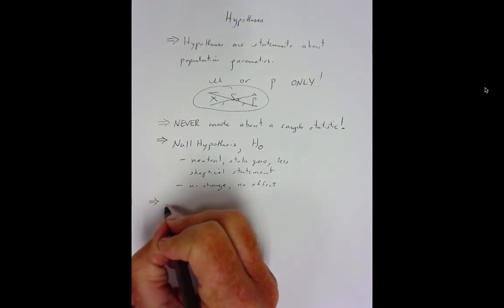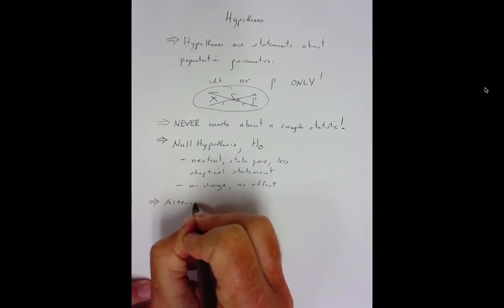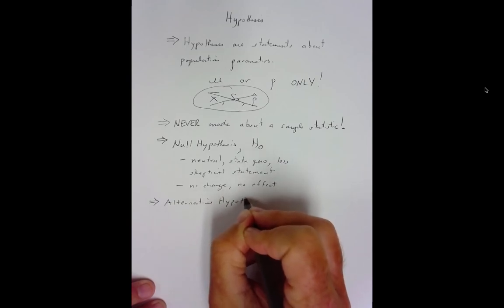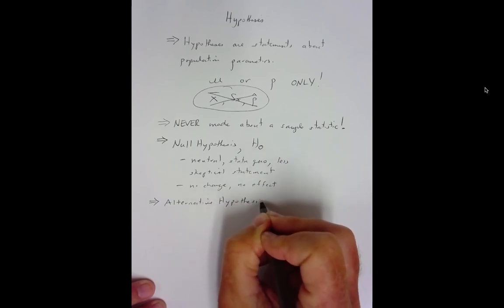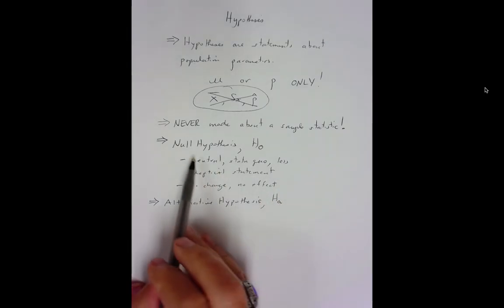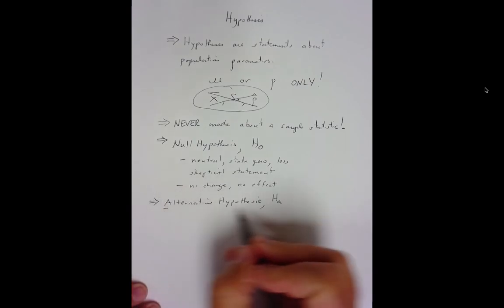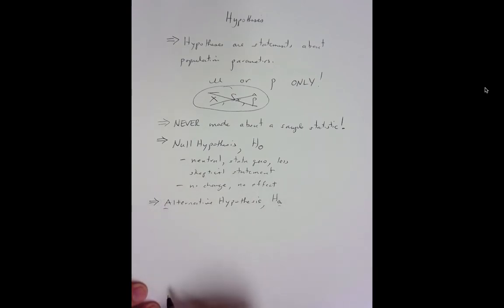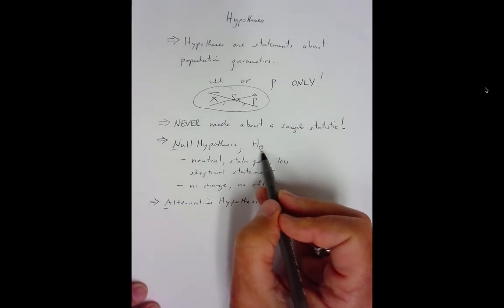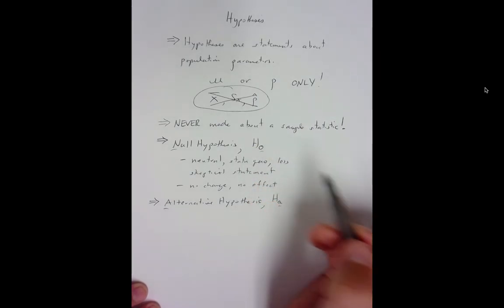On the other hand, the alternative hypothesis, denoted H sub A. Somebody wants to ask me, says, well, I see the A and I see the A, so that kind of makes sense. But I see the N, I see the O, that doesn't make any sense. Why isn't this H sub N? Well, I don't know, but it just isn't.